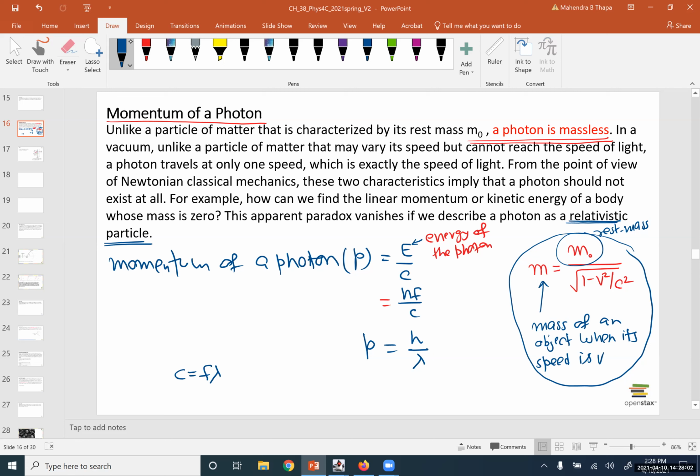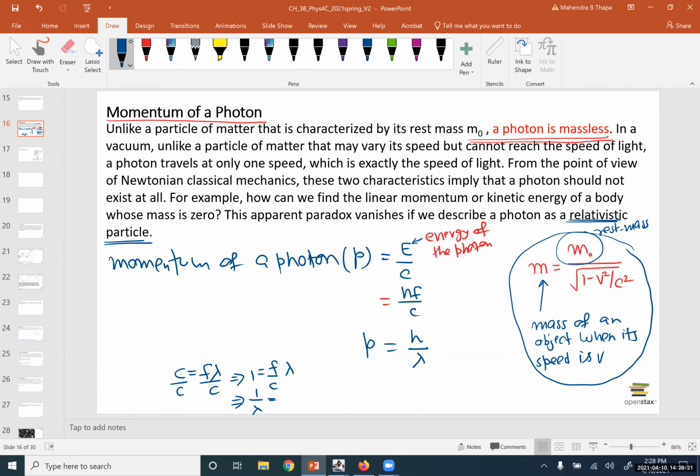If I divide both sides by c, we get 1 equals f over c times lambda, so 1 over lambda equals f over c. We can use this concept to get that result. These are the equations we generally use in the case of a photon.